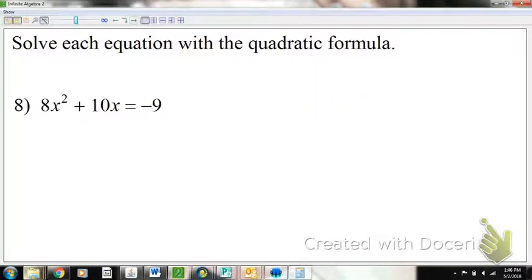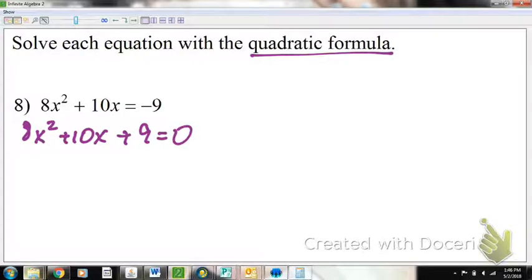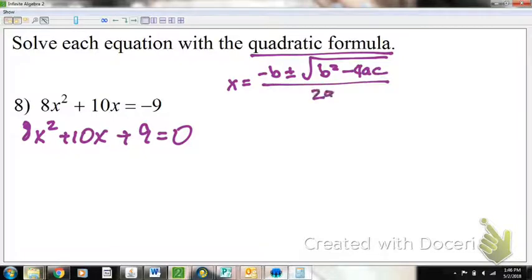Okay. Next example, number 8. We need to set it equal to 0. Using the quadratic formula, we have to have our equation equal to 0. So let me do this over here. 8x squared plus 10x plus 9 equals 0. I'm guessing that this one looks like it's going to have imaginary solutions, but we'll work it through and see. We've got x equals negative b plus or minus the square root of b squared minus 4ac, all divided by 2a.